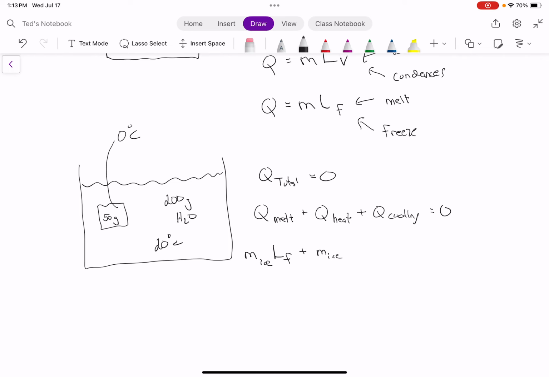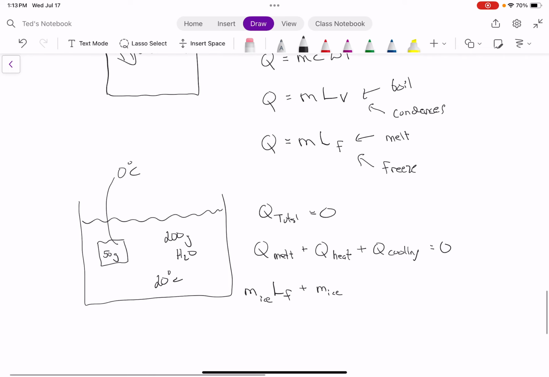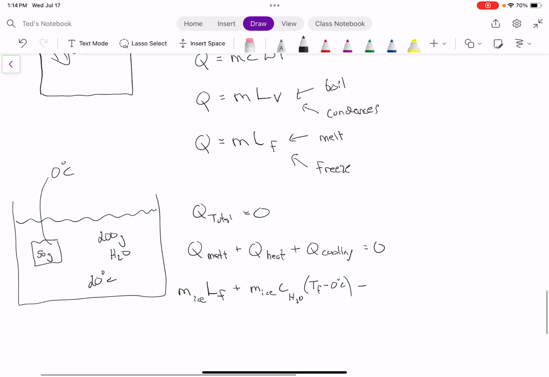So I need times C for water times delta T, which is going to be the final temperature minus 0 degrees Celsius. Okay, plus the Q for cooling the other water.